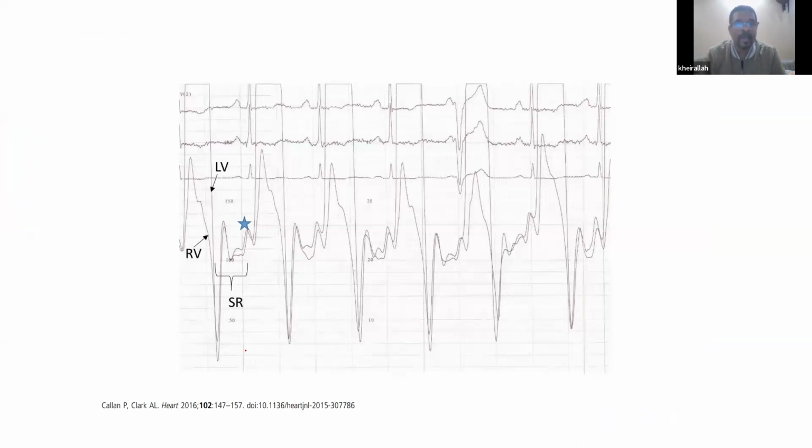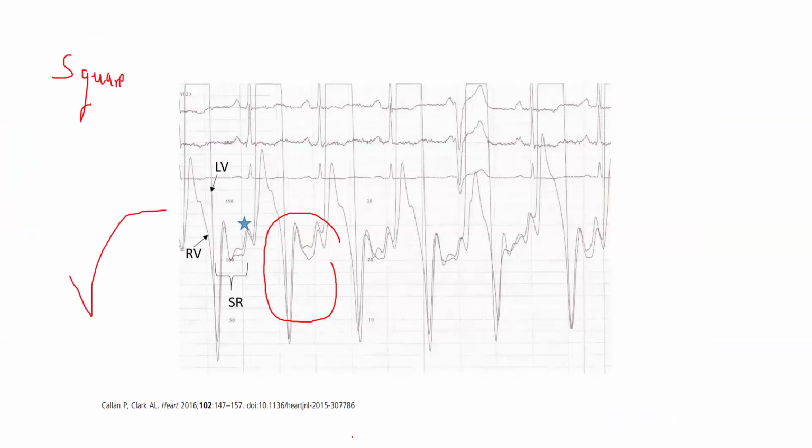Look here again. This is again constrictive pericarditis, but my focus here is not about concordance and discordance, but about this part. Does it remind you of something? They call it the square root sign, because it looks like a square root.